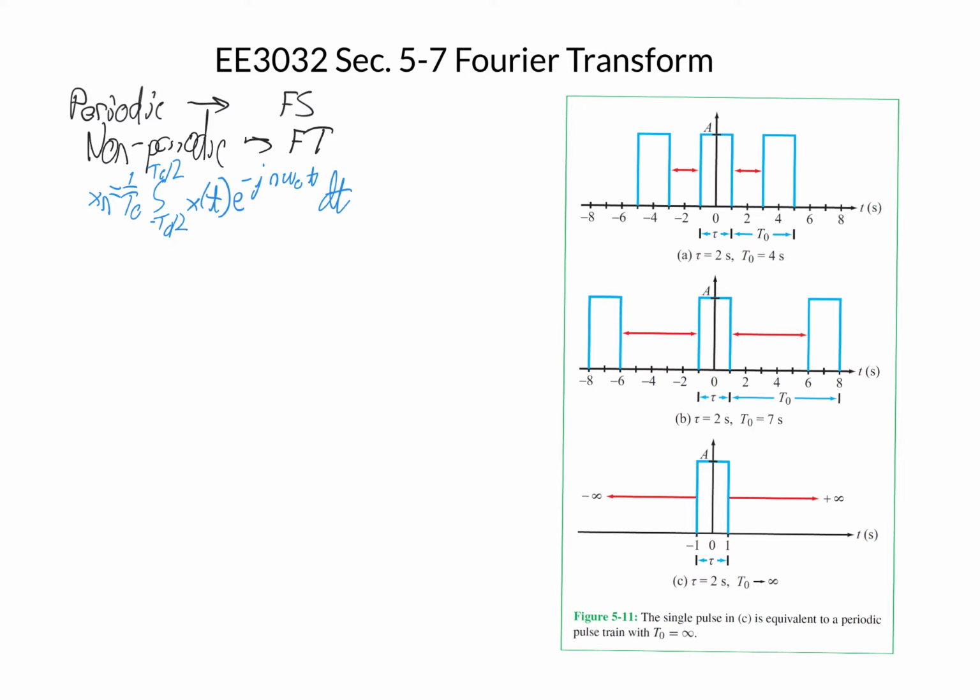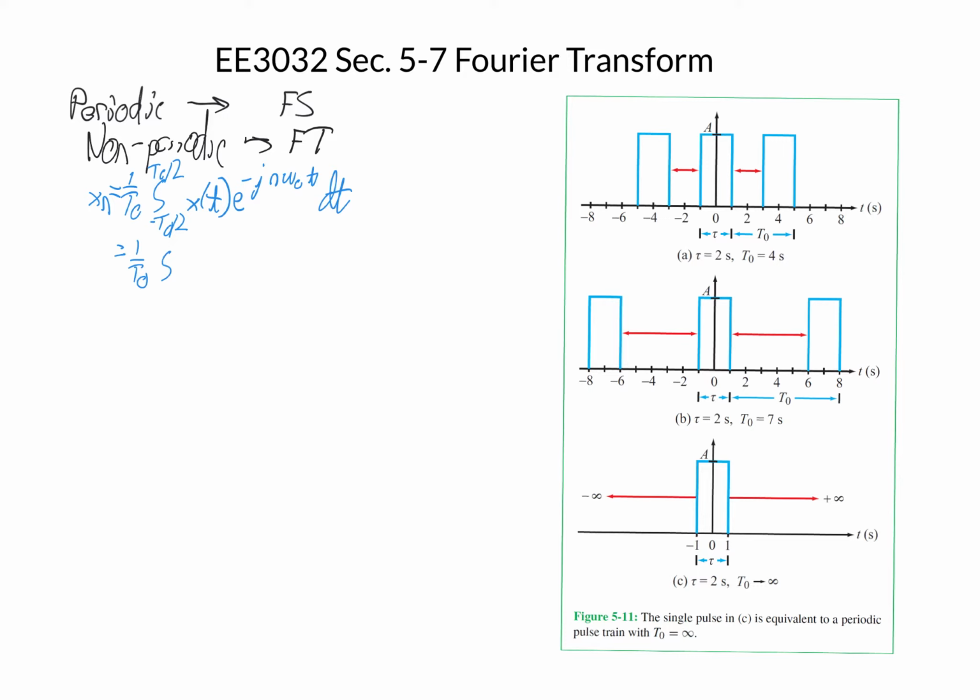But we can let T naught, and therefore omega naught, be a variable, as we can see how it varies between case A and B at the right. And now we want to go ahead and do this integral. So we see that most places the rectangular pulse is at a 0 value.